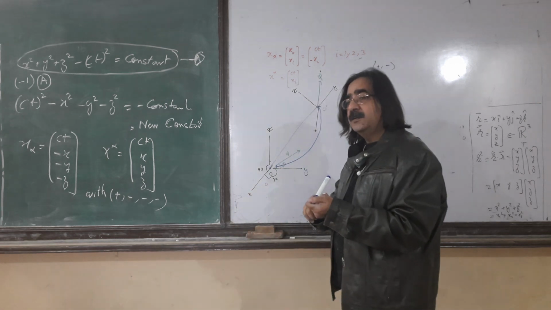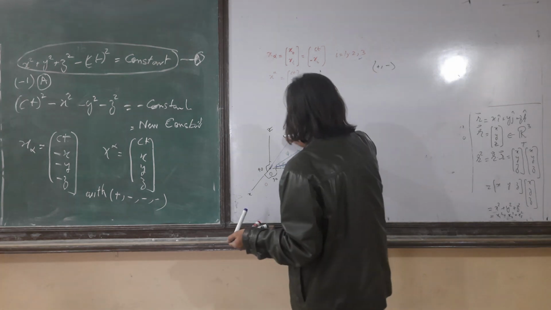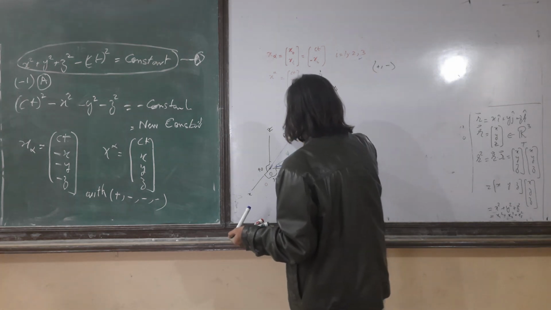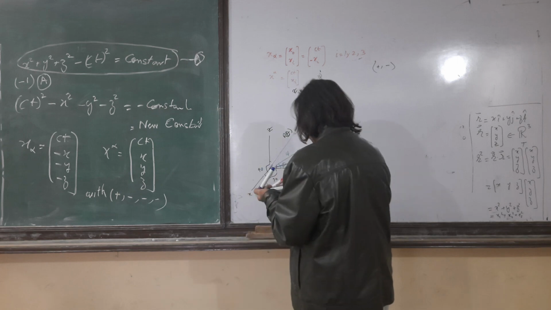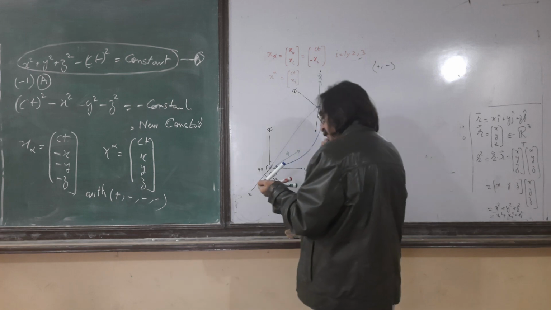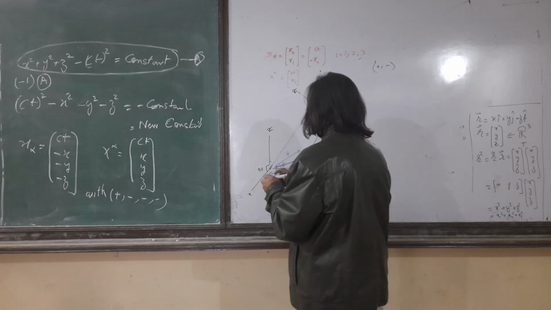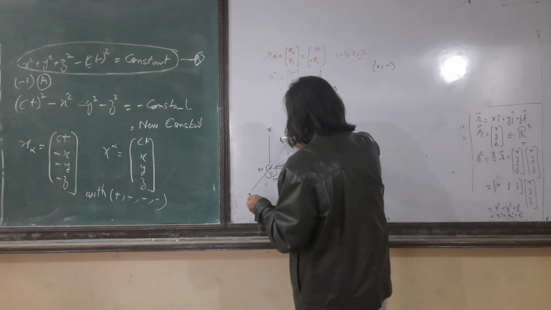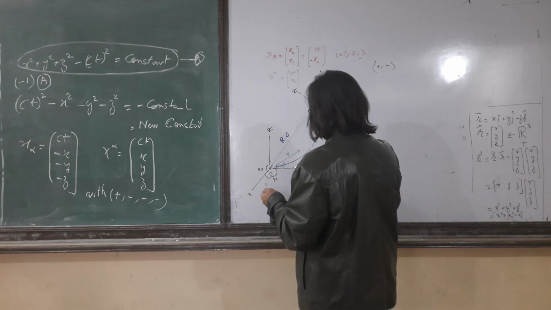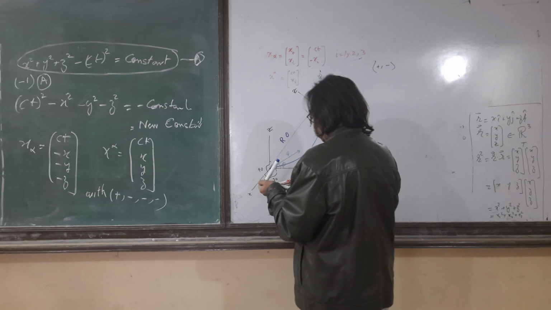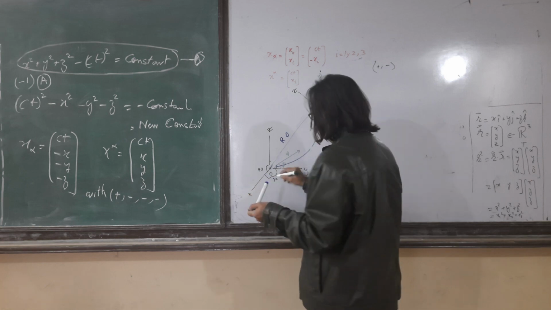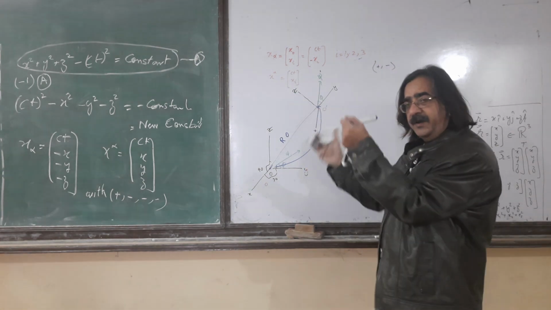Which one? One was a rotation. What angle did we take? This phi is constant, but actually the frame is rotating.